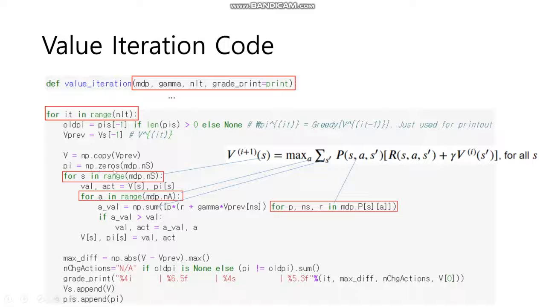The second loop is for the state, because we want to calculate the value function for all states. And the third loop is about the action, because we want to maximize this quantity over actions. And this sigma is here, and the transition probability is also related to one for loop.